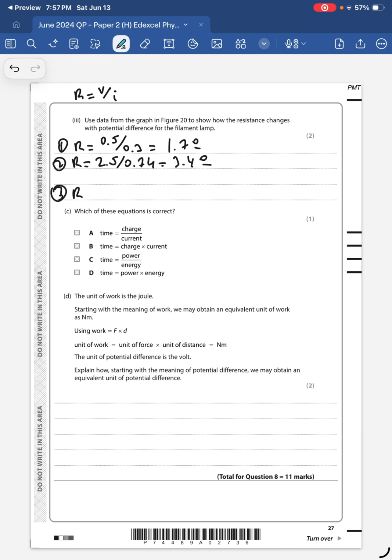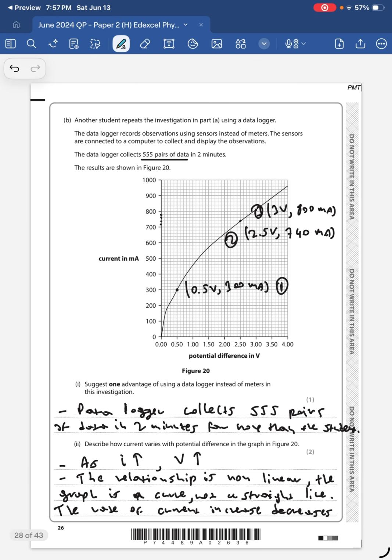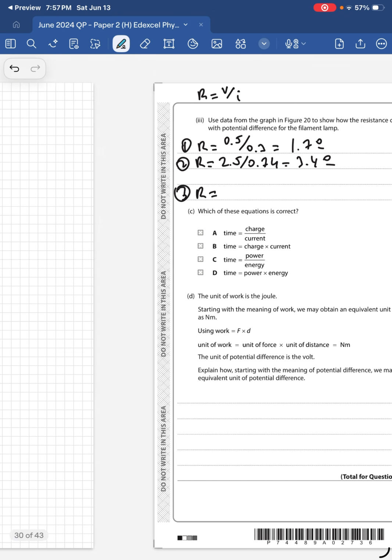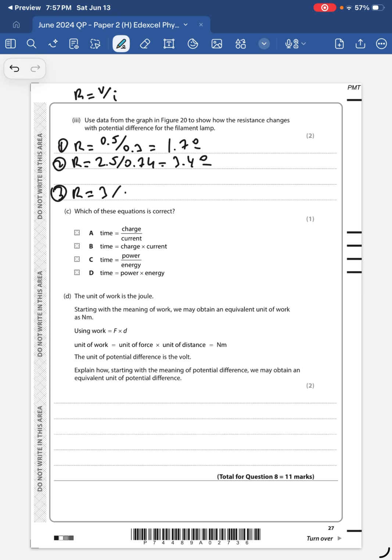And then at point 3 the resistance is 3 volts over 0.8, so 3 over 0.8 yields 3.75 ohms. Okay, so we see that R increases as voltage increases and current increases.